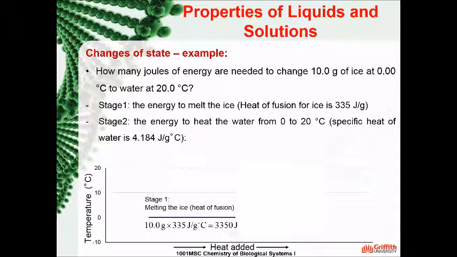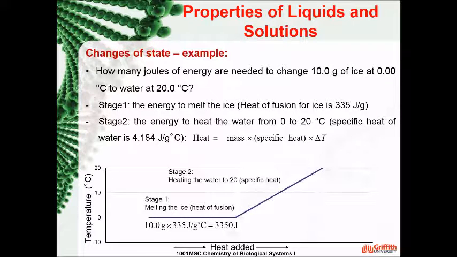The second stage is to warm up the water. We need the specific heat for water for this stage, which is 4.184 joules per gram degrees Celsius. To calculate the energy, we need to use a formula that we learnt previously.